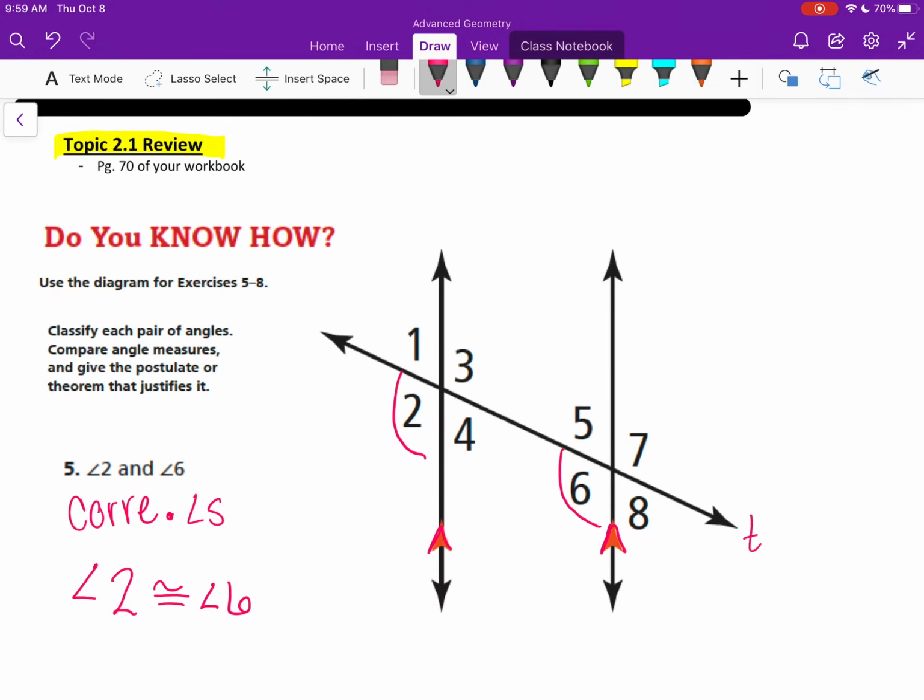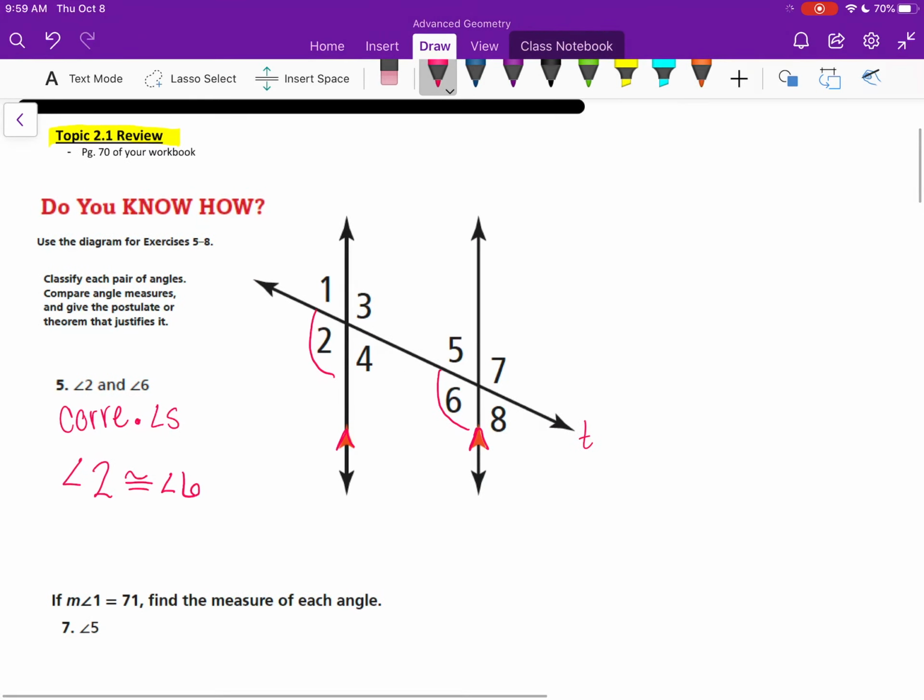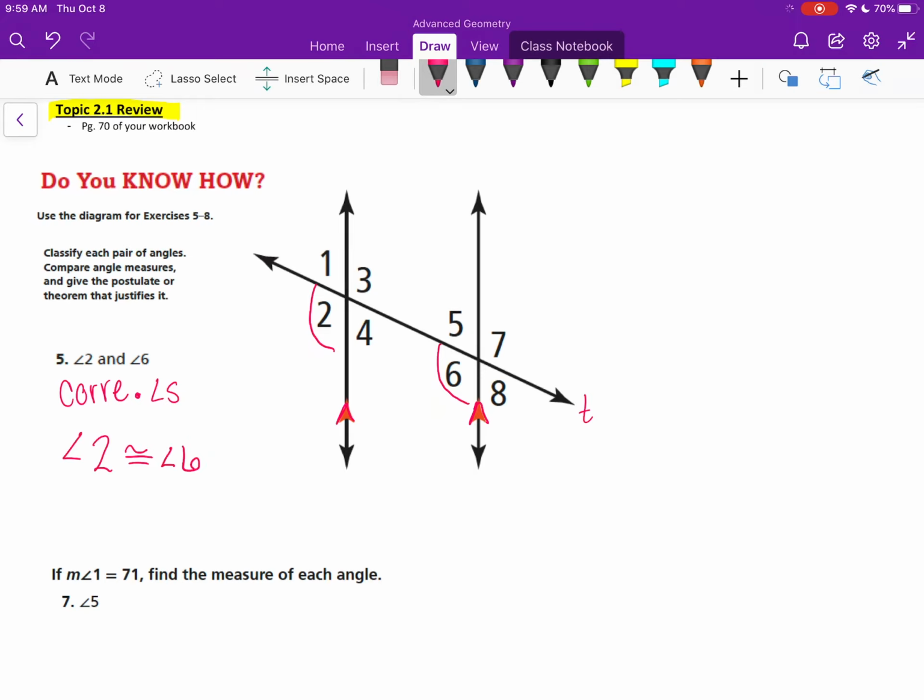All right, we're in our next example. We're going to do number 7, and it tells us that if the measure of angle 1 is 71 degrees, find the measure of each angle, and we're going to just right now find angle 5. So how is angle 1 related to angle 5?